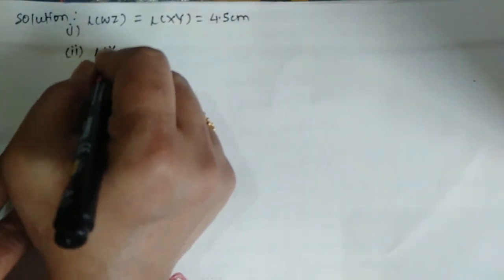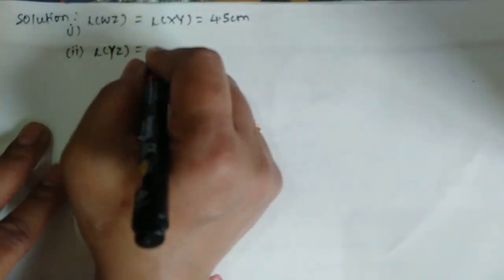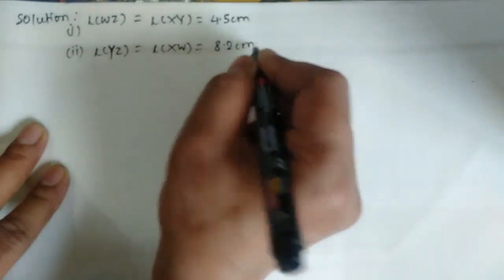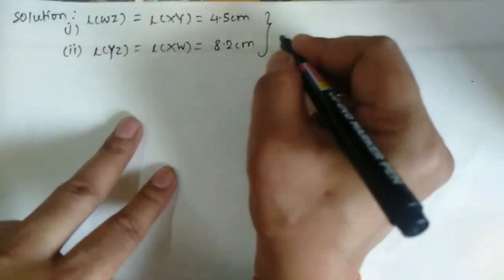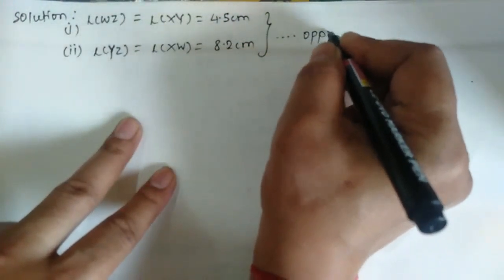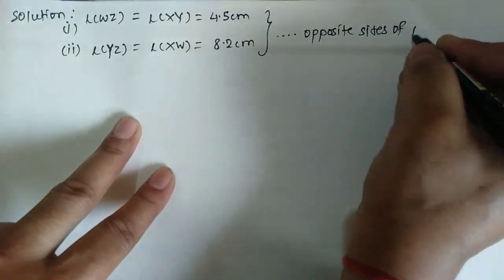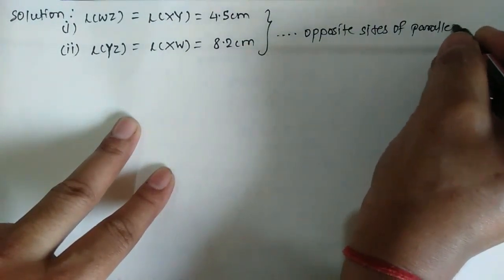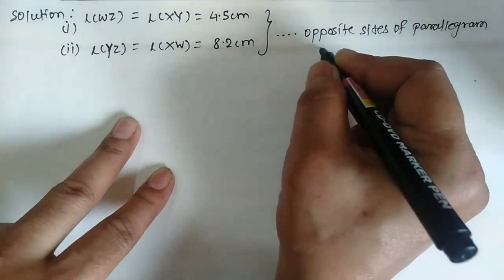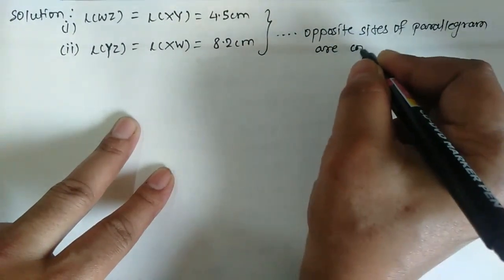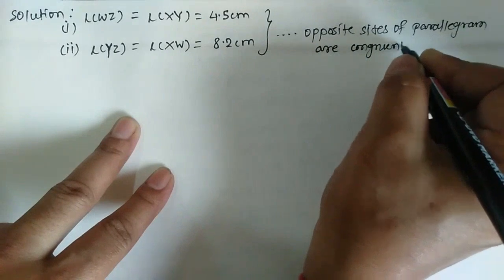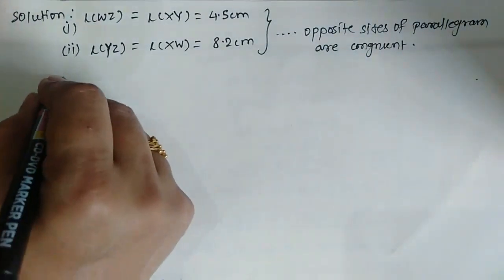Length of YZ is equal to length of XW is equal to 8.2 centimeter. What is the reason here? Because opposite sides of parallelogram are congruent. Correct?